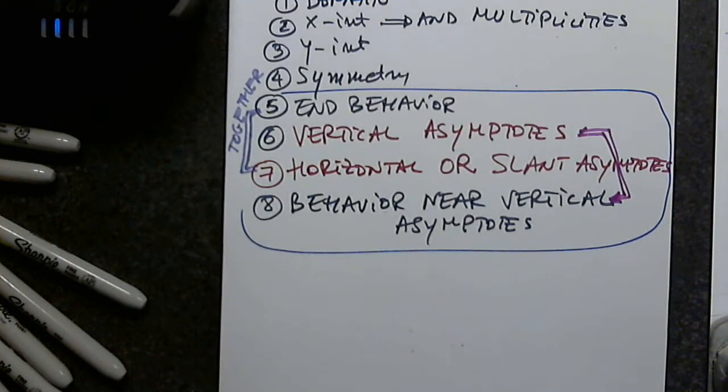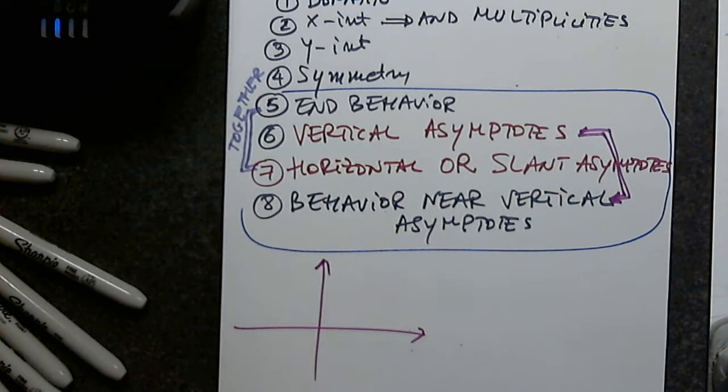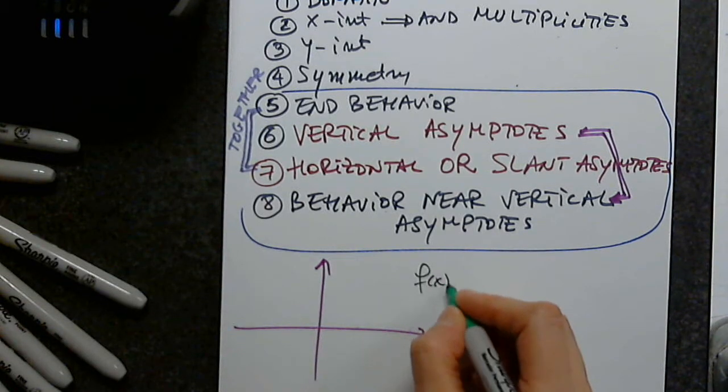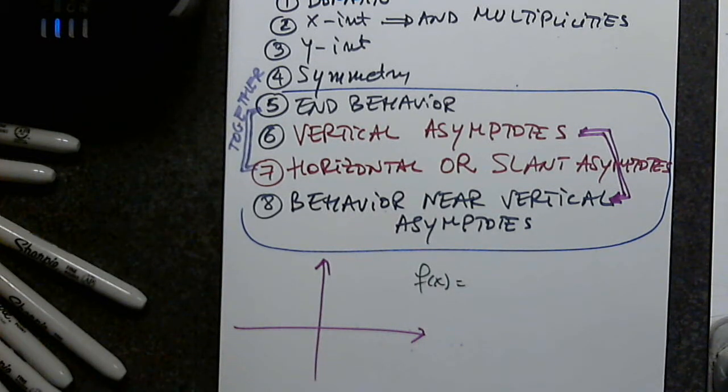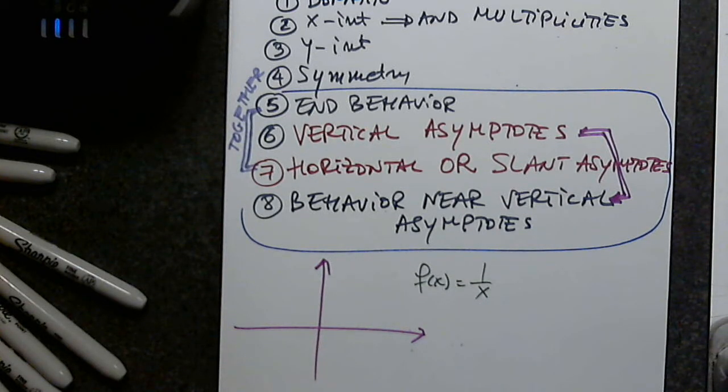So let me give you just a couple of examples here with graphs. There is one graph that we looked at, the simplest possible rational function. What was it? We graphed it in the long list of functions. And at that time I said, we are going to talk about this extensively.